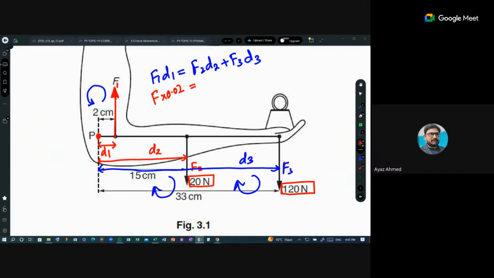And then 20 into 0.15 plus what is F3? 120 into 0.33. So when you calculate all this, it would be 20 times 0.15 plus 120 times 0.33, whole divided by 0.02. This would give you the answer.